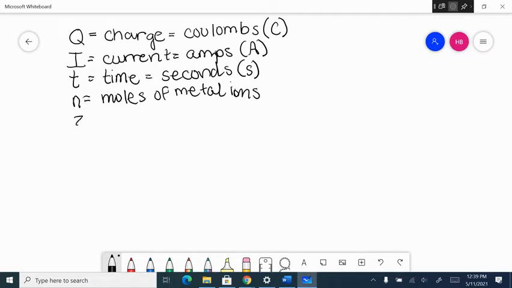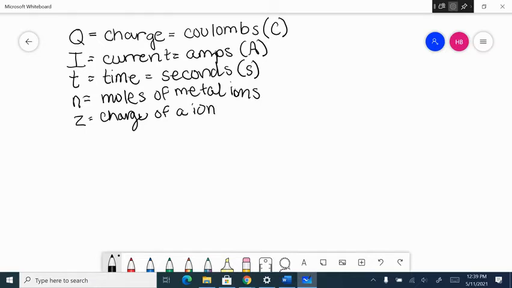And Z is going to be the charge number. In general, that tells you how many electrons you're dealing with.